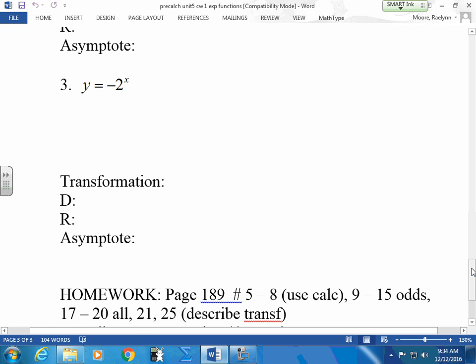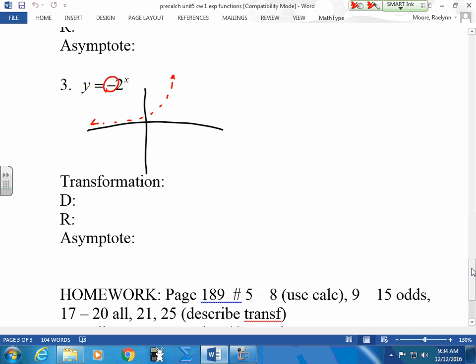All right. And one more. This starts again with my parent graph. Here's my parent graph. Now, this negative is not next to the x, it's next to the y. So I had a rule that said negate the y. If my y goes from positive to negative, where's my reflection?